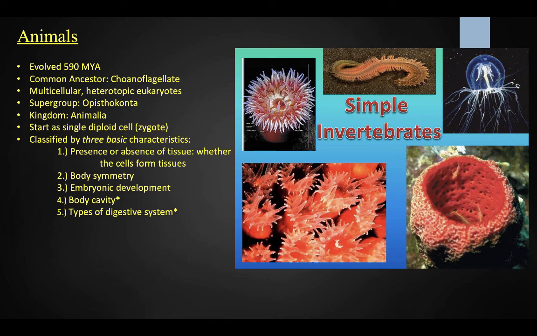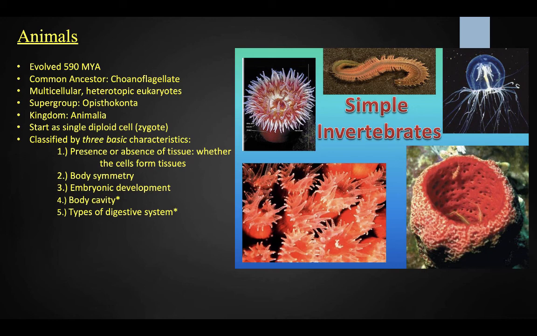If they have 3, they can develop what's called a coelom. This is a fluid-filled space between 2 of the germ layers, called the ectoderm and endoderm. So we will look at whether it does not have a coelom, or if the coelom is put together in a way that makes it partial or complete.